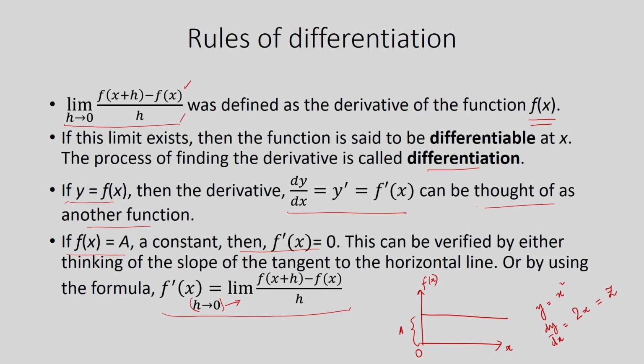Then we know f(x) in this case is equal to capital A. So, f(x plus h) minus f(x) will be equal to A minus A, which is equal to 0. So, the numerator is 0. This is called, if you remember, the Newton ratio. The Newton ratio becomes 0, therefore, it does not matter what limit I take, f dash of x will be equal to 0.